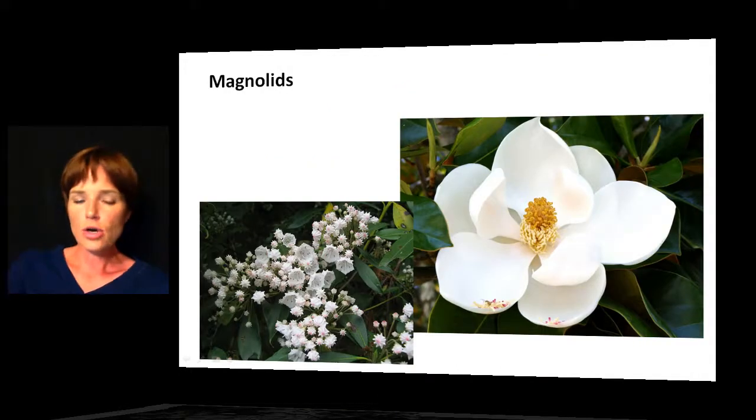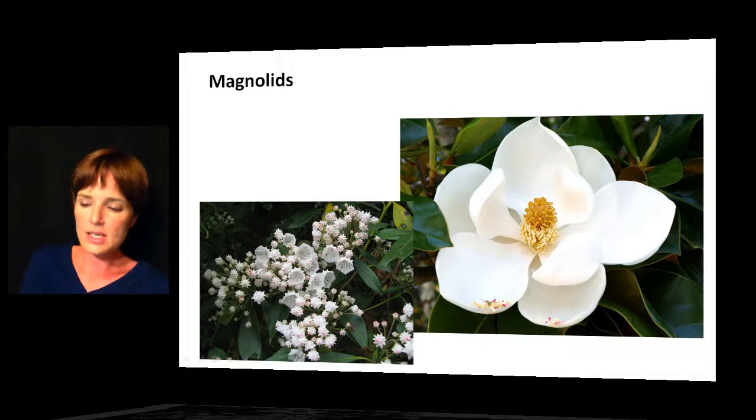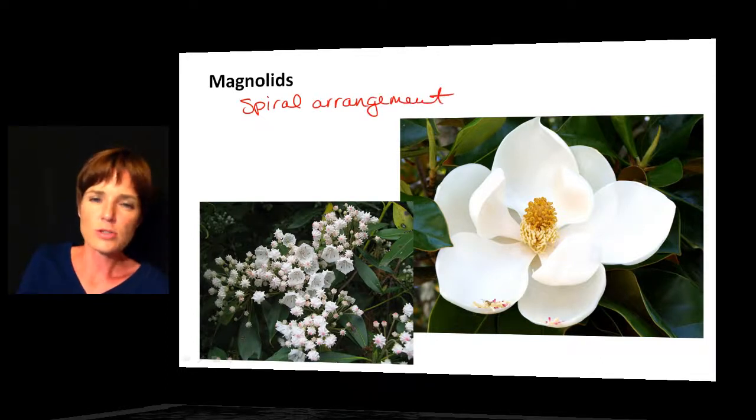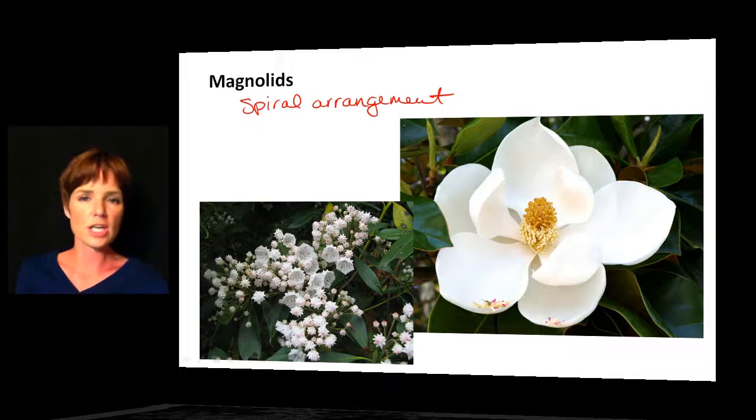If we look at the magnoliids, the magnoliids are quite ancient plants as well. And these don't have as fancy of flowers as what you'll see in the eudicots and the monocots. These tend to have a spiral arrangement to their floral organs, as opposed to a whorled arrangement when we get to the monocots and the dicots.